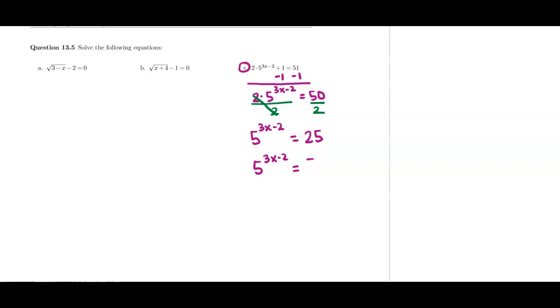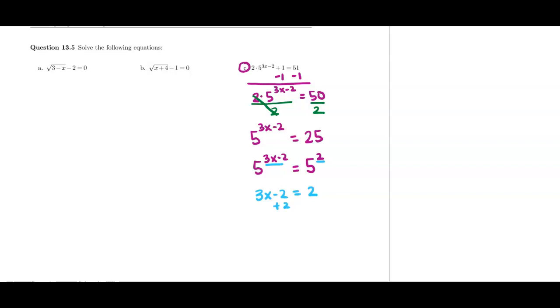Yeah, 5 to the second power. Awesome. Thanks, guys. Now that my bases are the same, it'll be fastest just to set those exponent parts equal to each other. So I'll have 3x minus 2 equals 2.